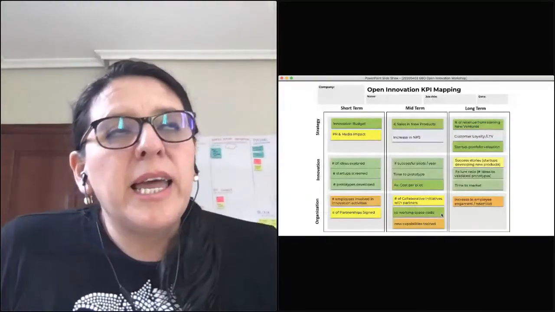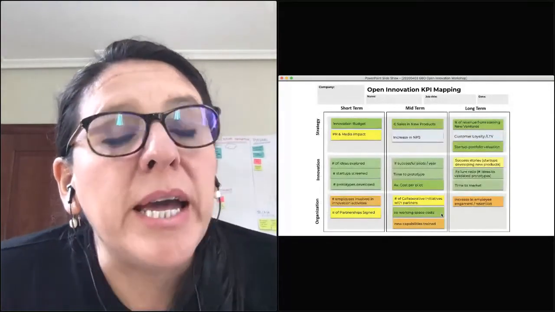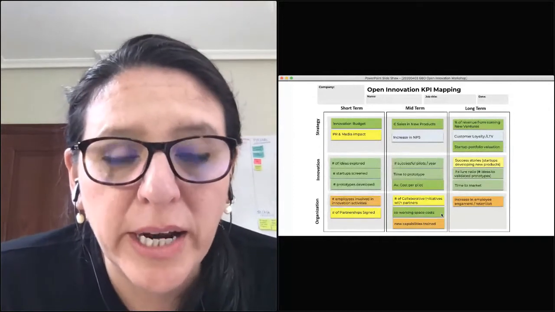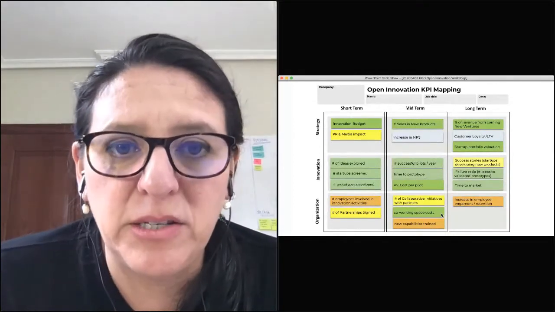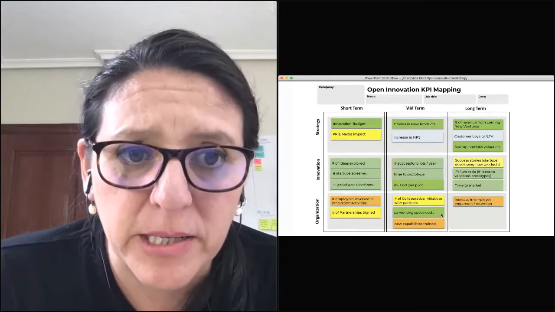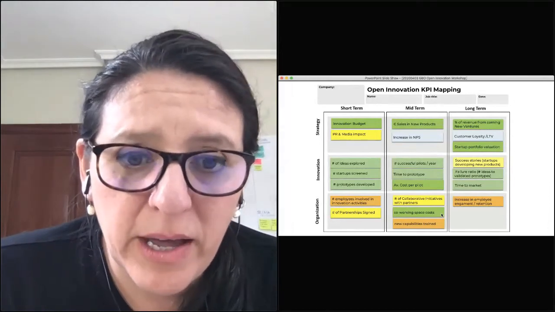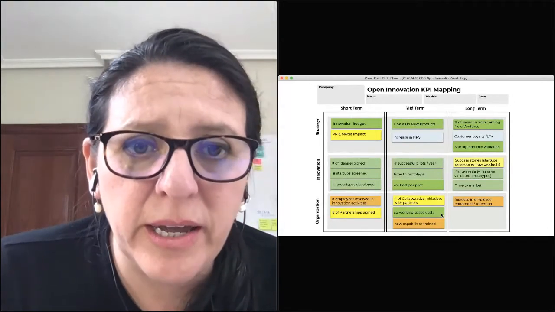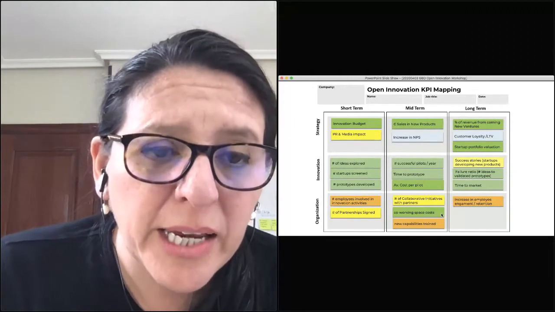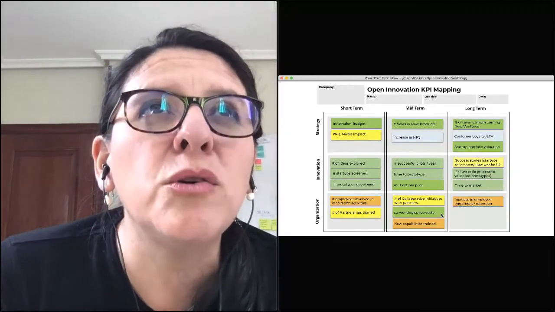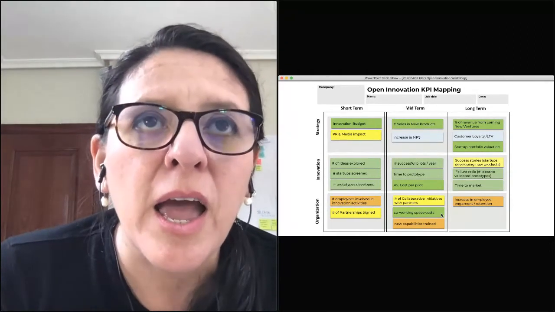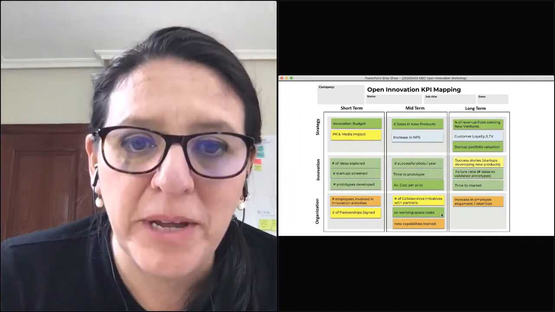The next element, besides the areas or the departments in an organization, is the KPIs. No? How are we measuring success? And here we also have a tool, which I call the KPI Mapping. In this tool, what we do is the exercise of thinking, how is everyone measured?